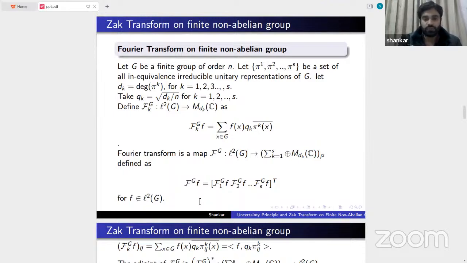So the Fourier transform is a mapping from L2(G) to the direct sum of matrix spaces, which is equal to this transpose of a matrix whose column vectors are F1, F2, up to Fs.